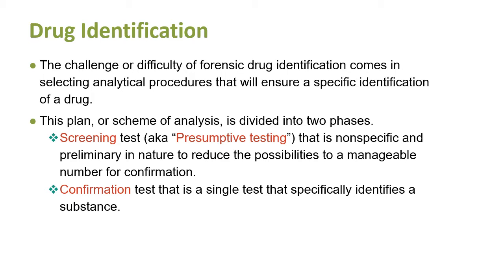There's the presumptive testing or a screening test, and sometimes that's done in the field, sometimes that's done in the lab, but it's very rough and preliminary. But the idea is to knock out many possibilities so that we've reduced what this could be to a few, and then we can take just those few possibilities and run confirmational tests. Confirmational tests are examples of tests where you're doing a detailed analysis to truly identify exactly what compound it is.